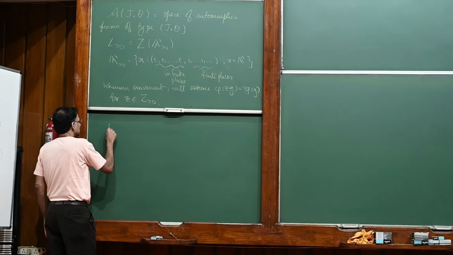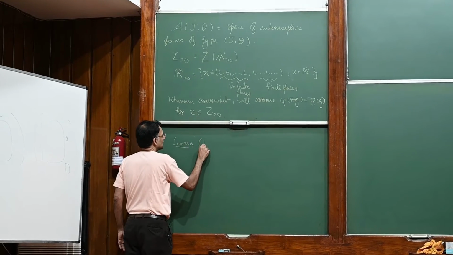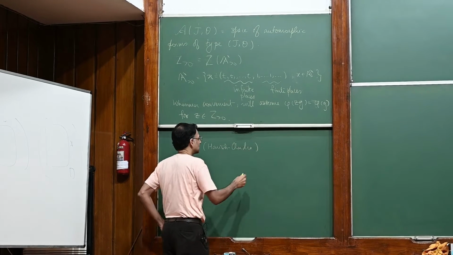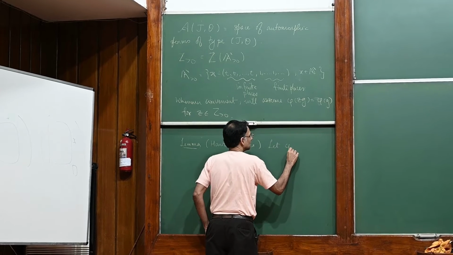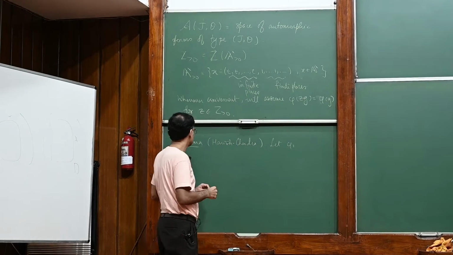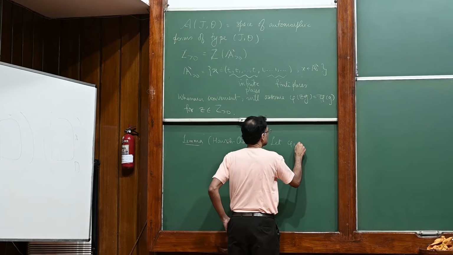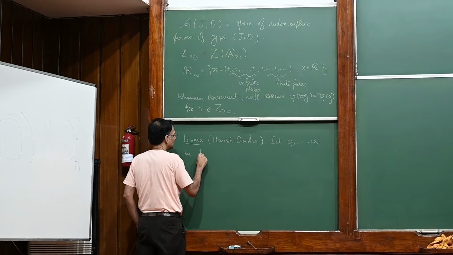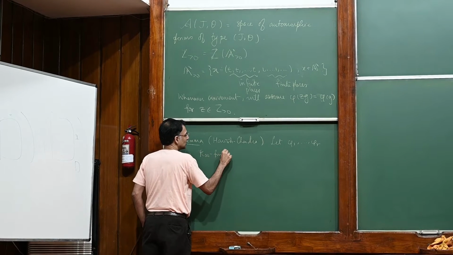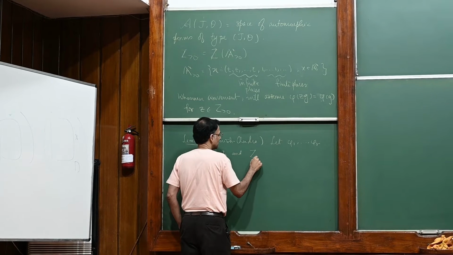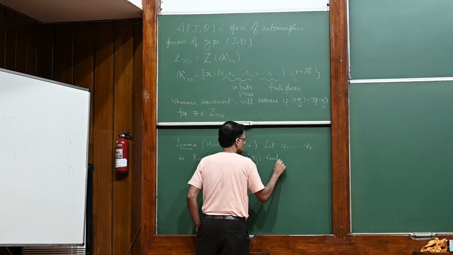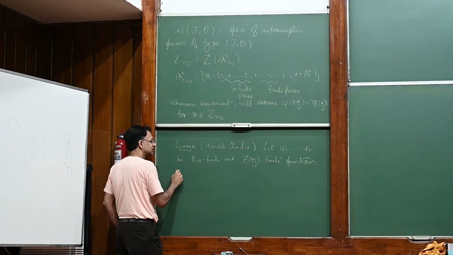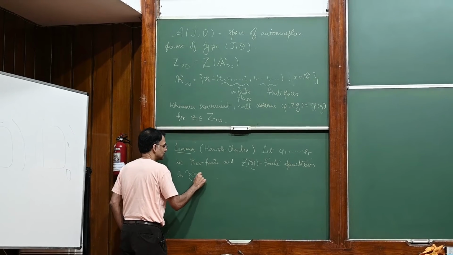Let phi 1 through phi r be K infinity finite and Z(g) finite functions on G infinity.